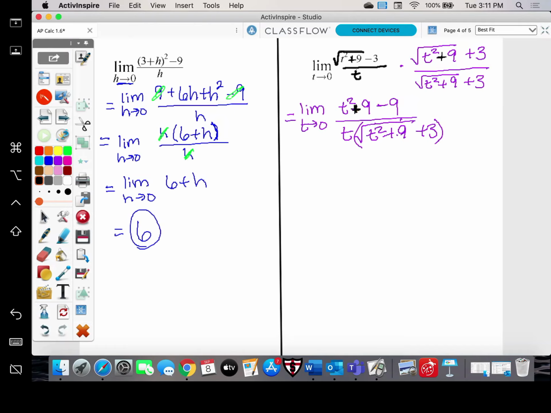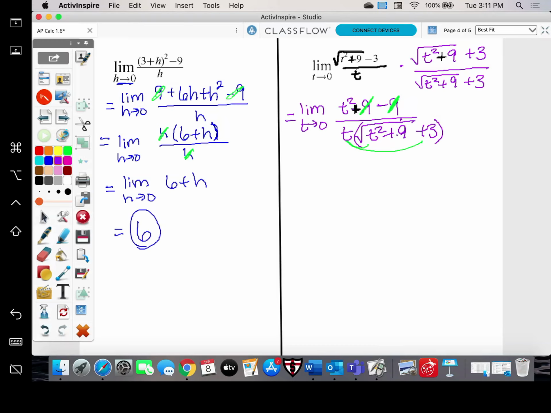Now we see that things are canceling. We can see a positive 9 and a negative 9 cancel out. And what's causing our problem in this one is just that t. And notice I didn't distribute the t through here. That would have made life a lot more difficult because that's what we want to get to eliminate anyway.